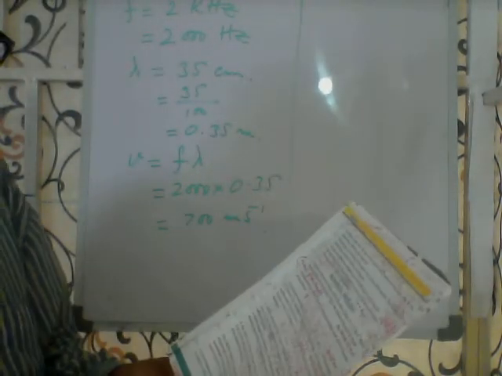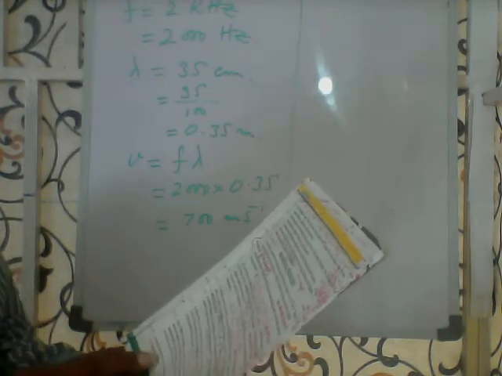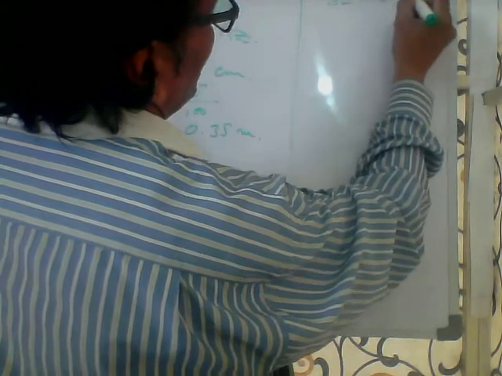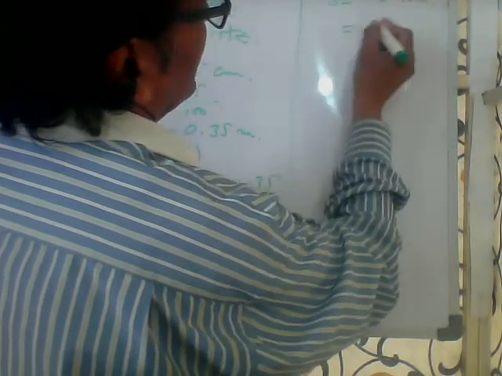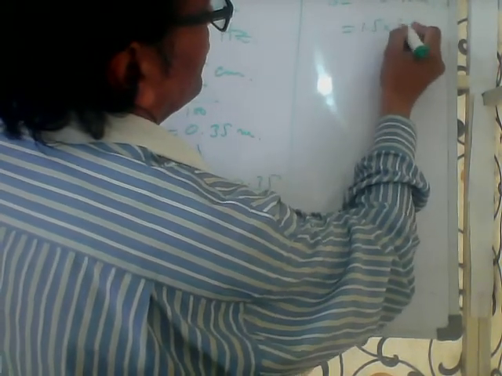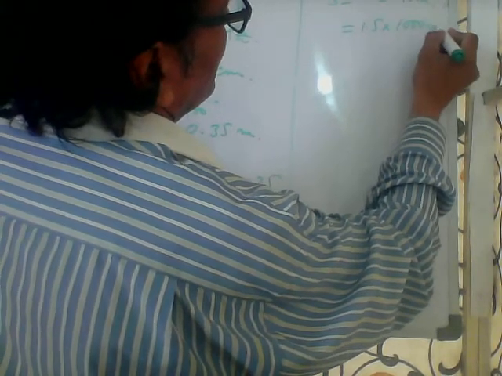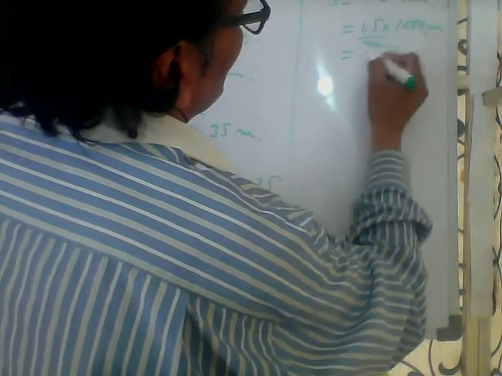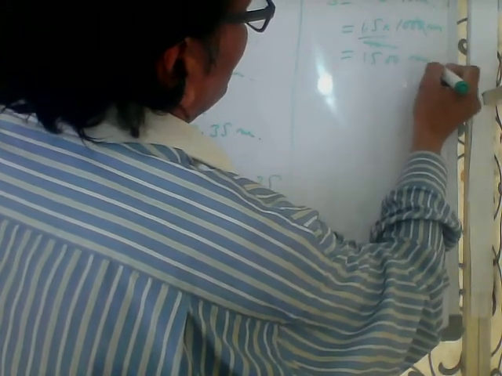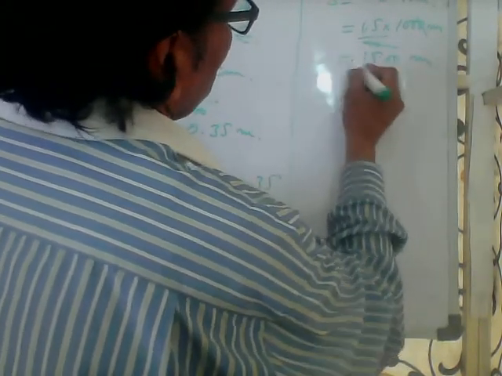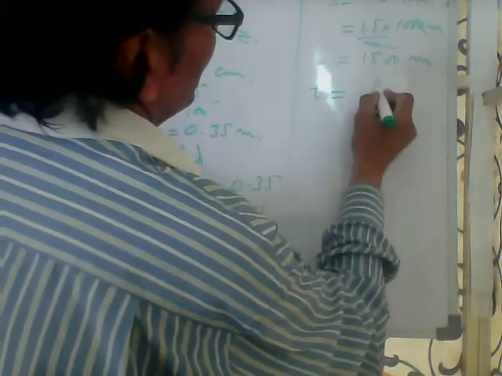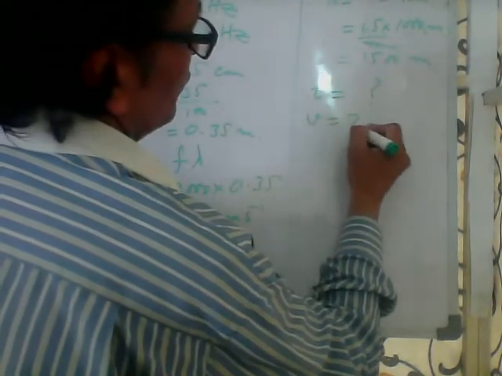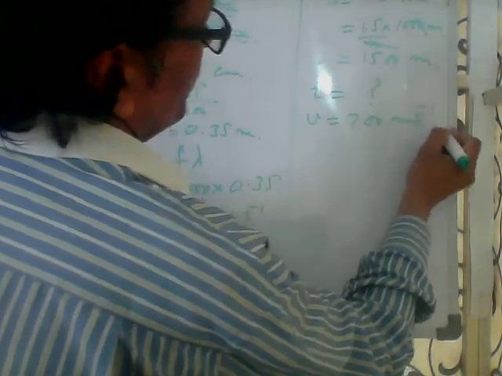Now in the question it is asked, how long will it take to travel 1.5 kilometer? Convert the distance into standard form, 1.5 into 1000 meter, it comes 1500 meter. Velocity is equal to 700 meter per second.